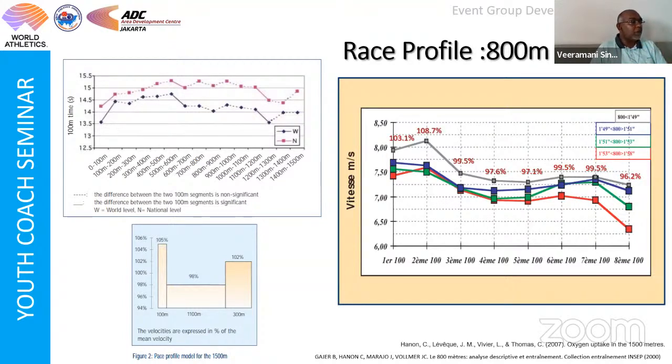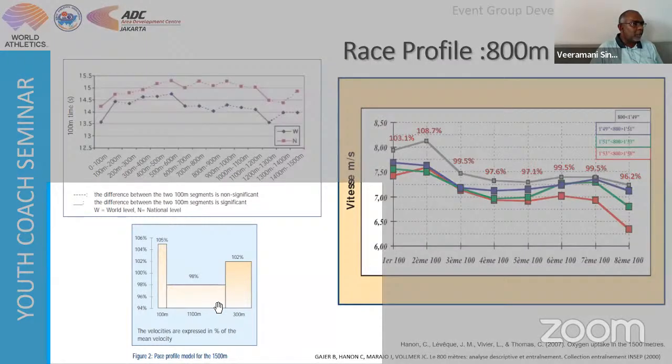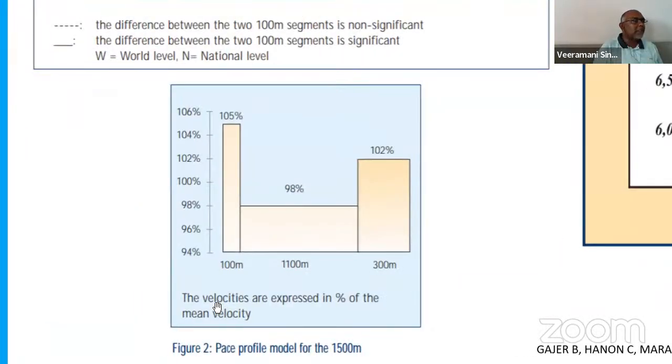For the 1500 meters, there's a certain style of running. Basically, you look at it at the bottom here. Zoom in a little bit. So the first 100 meters is always 105% above the goal pace or the performance pace. Why? Because this is where when the gun goes, they're all sprinting to get a good position.